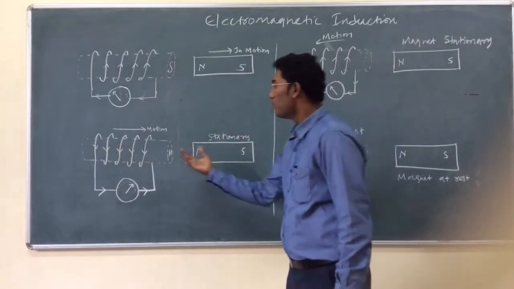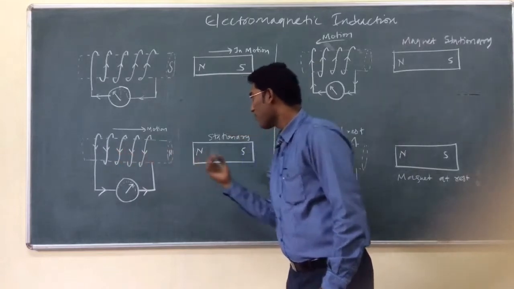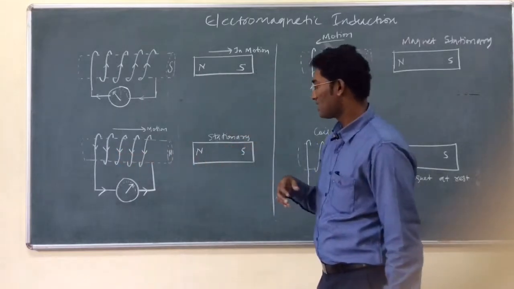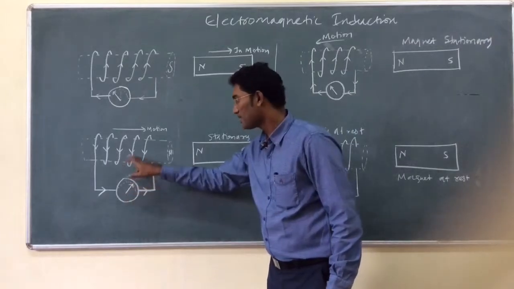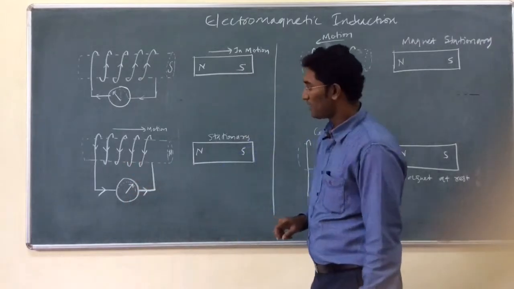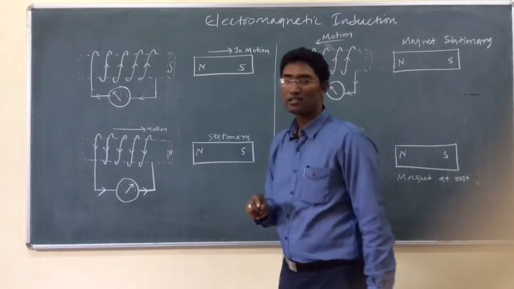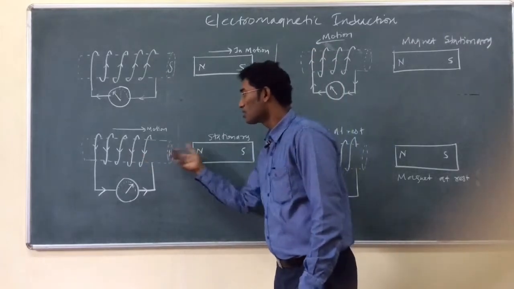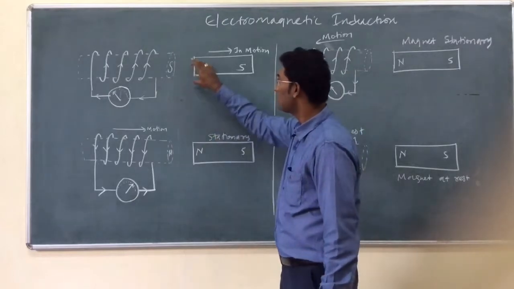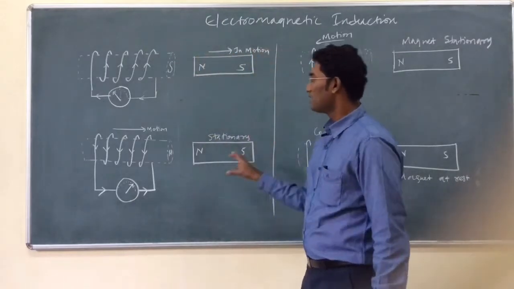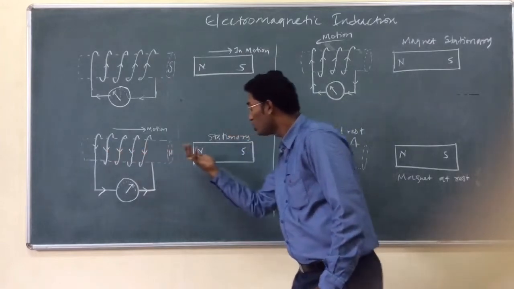When the coil was moved towards the magnet and the magnet was held stationary, there was deflection in the galvanometer, and you can see the direction of current. There is a change in the direction of current because the direction of motion is exactly opposite. Here the magnet is moving away, and here the coil is coming towards the magnet.